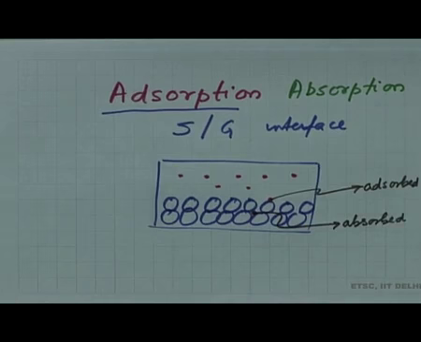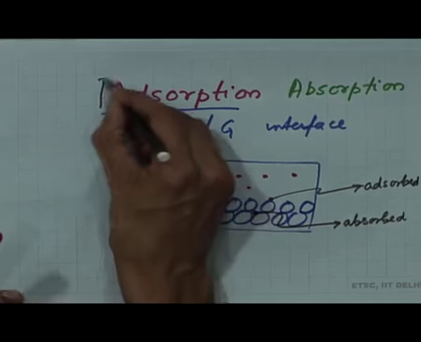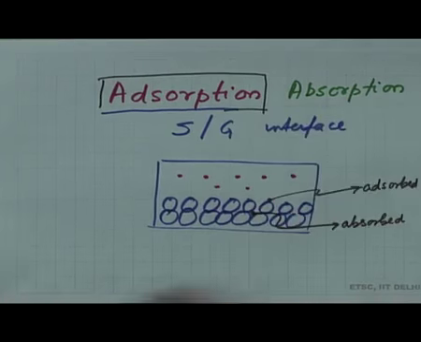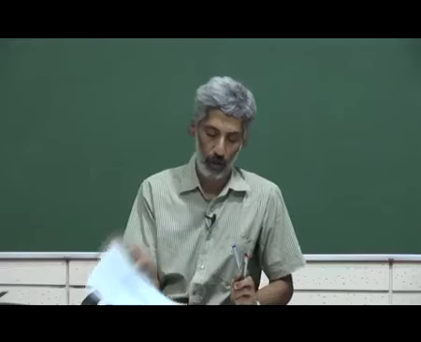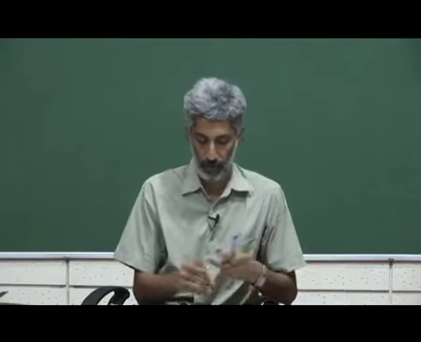And what we are going to try and look at is primarily the adsorption. We are not saying that absorption does not happen at the same time. We are just saying that because the surface area is so large, the adsorption phenomenon is going to predominate, and that is what we are going to look at with gas adsorption, let us say, on solid surfaces.